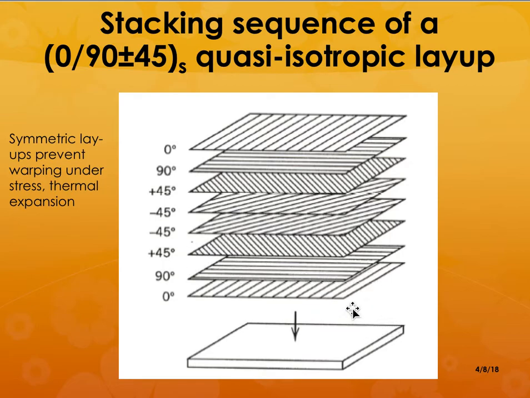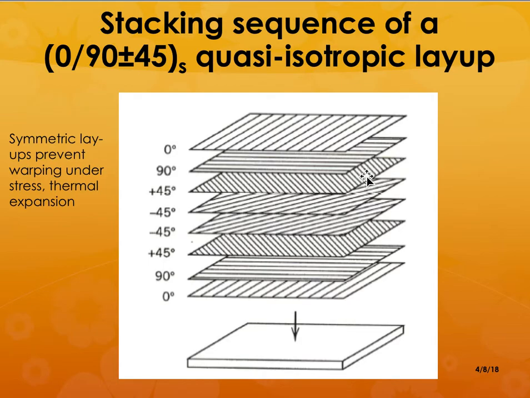So the most common one would be to have the lamella with the fibers running in different directions. So in this case this is a 0, this is a 90, this is the plus 45, this is a minus 45, and then you switch that and create a mirror image. So that would be minus 45, plus 45, 90 and 0.